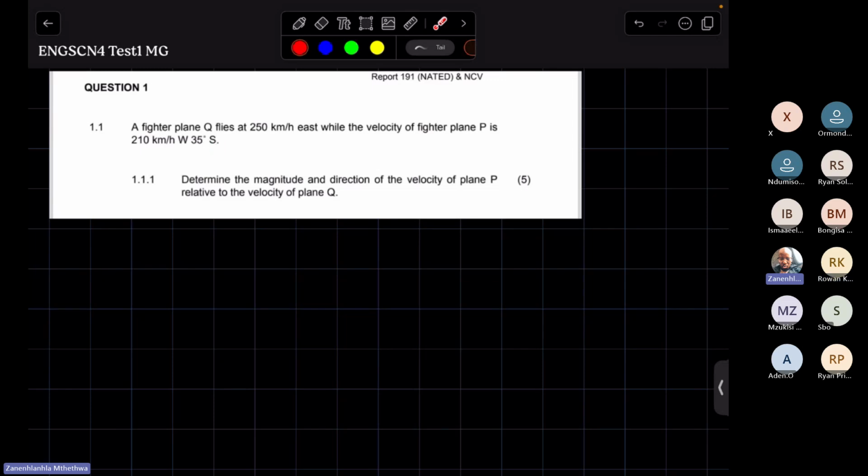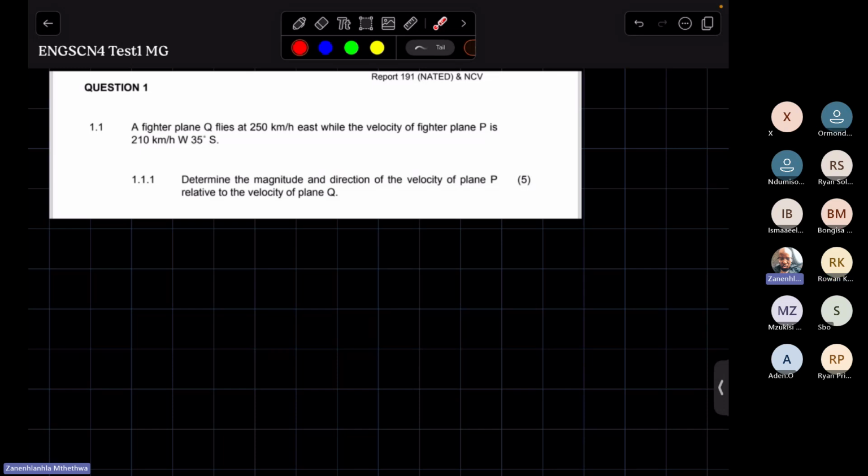So it means seeing that P is our object, we are going to represent P on the Cartesian plane going west, 35 degrees south, right? And then Q being our frame of reference, we are going to draw in a direction opposite the one that we've been given, right? So they said Q is going east. So because it is our frame of reference for this case, it means we are going to draw it going west, which is the opposite of east. Are we clear here?